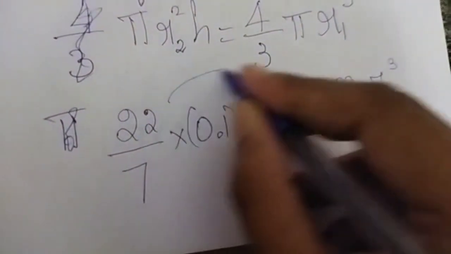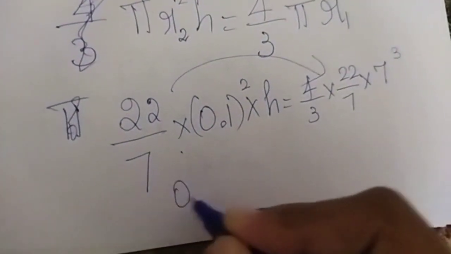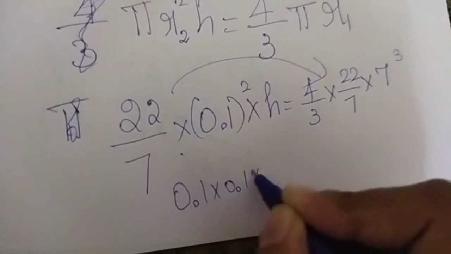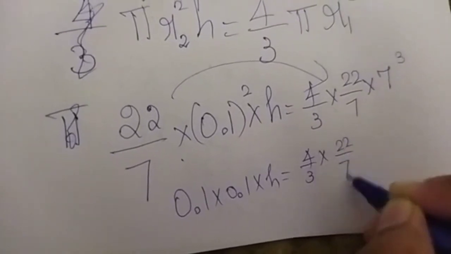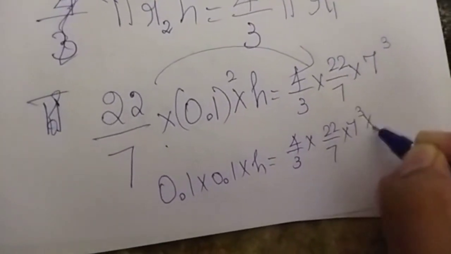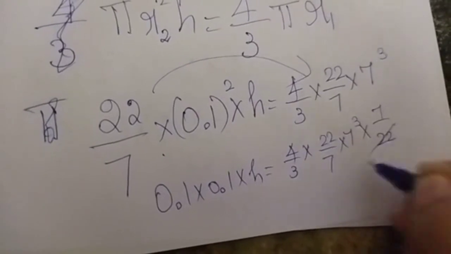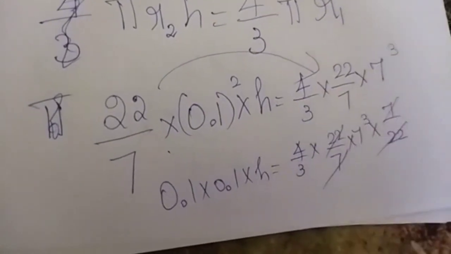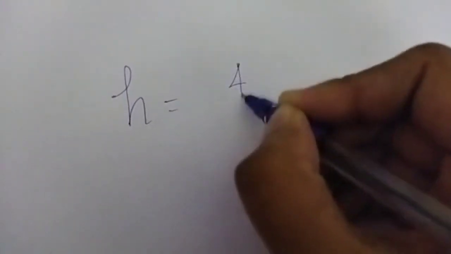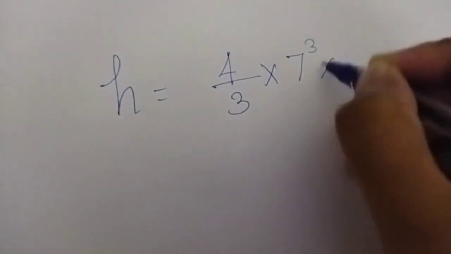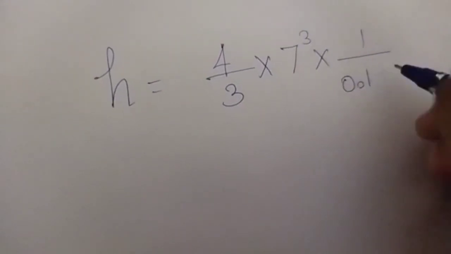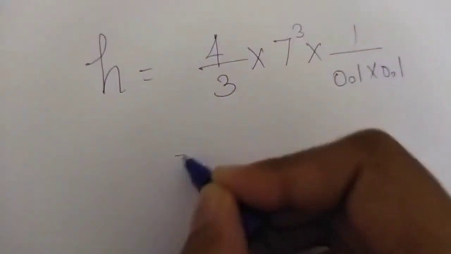Here 22 by 7, if I bring this side, means 0.1 into 0.1 into H is equal to 4 by 3 into 22 by 7 into 7 cube into 7 by 22. 22, 7 gets cancelled. Let me keep H on one side. So H is 4 by 3 into 7 cube into 1 by 0.1 into 0.1.